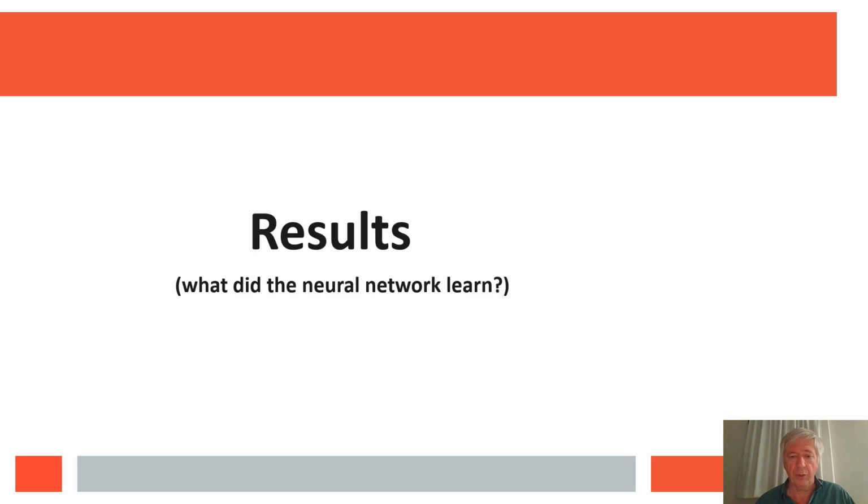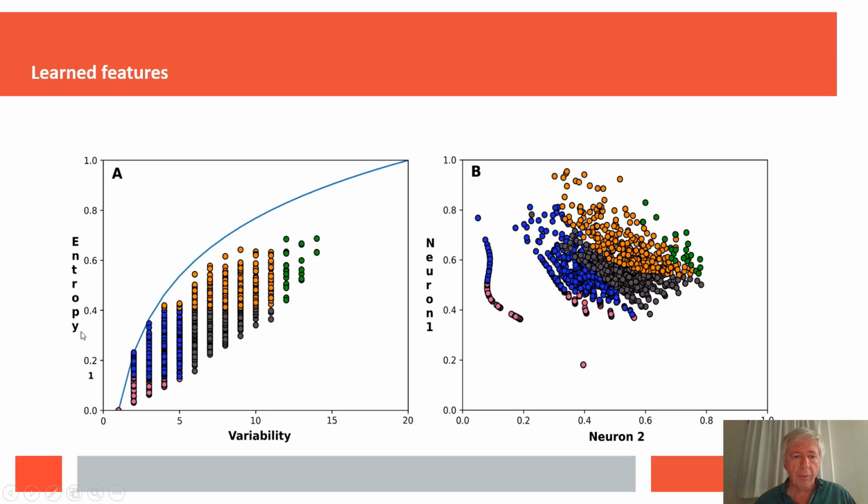What did the neural network, the bunch of matrices, what did it learn? Well, here we have the entropy variability plot, and when we put all the points not in entropy variability space, but in neuron 1 and neuron 2, so the two-dimensional space of the vector of length 2 that we got in the middle of our method, then you see that here is box 1, 1, here we get box 1, 2, 2, 2, 2, 3, and 3, 3.